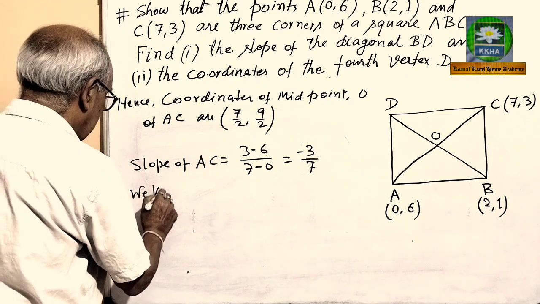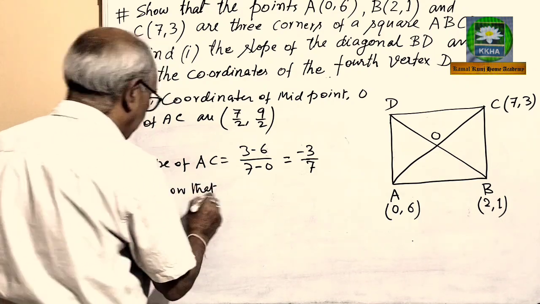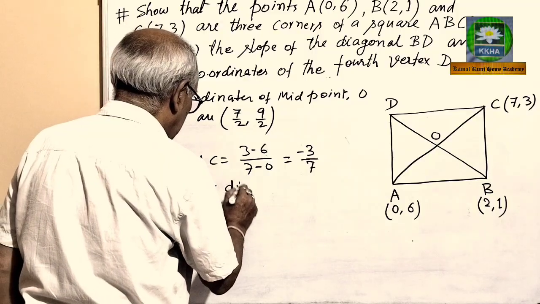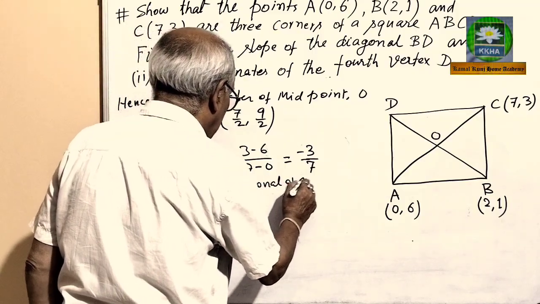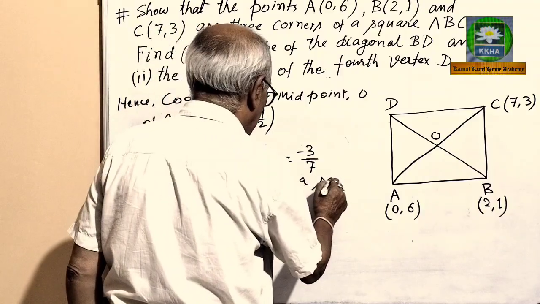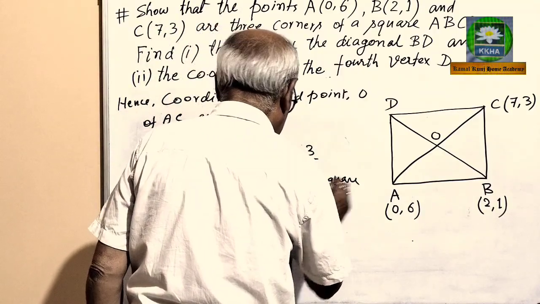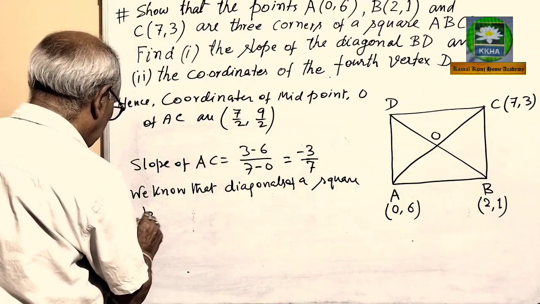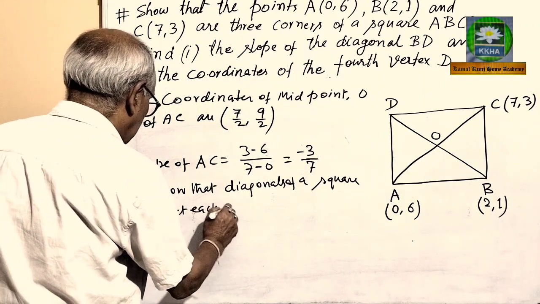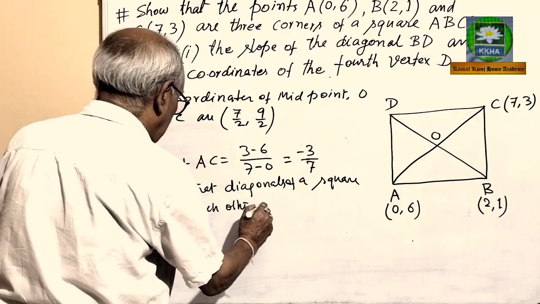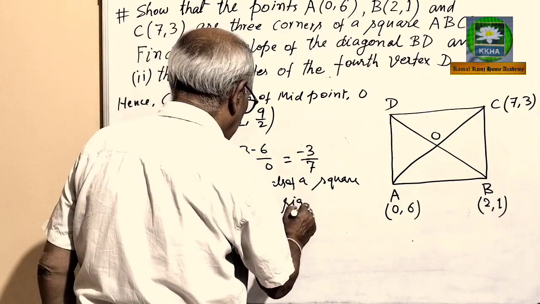Now we know that diagonals of a square bisect each other at right angle.